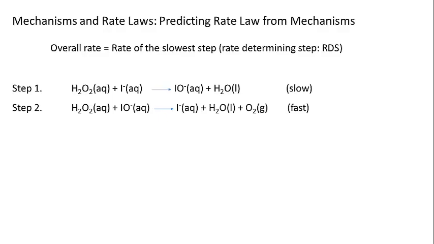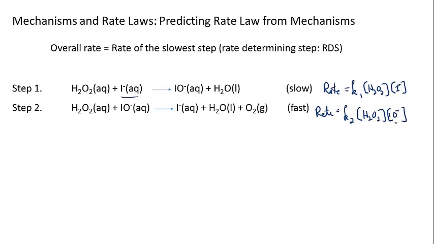So in this case, if we propose this mechanism here for hydrogen peroxide decomposing, catalyzed by I- ion, iodide ion, and we say the first step is slow, the rate of the first step is going to be given by k1, I'll put a little 1 there, meaning it's the rate constant for step 1, times [H2O2] times [I-]. The rate of the second step is going to equal k2 times [H2O2] times [IO-].